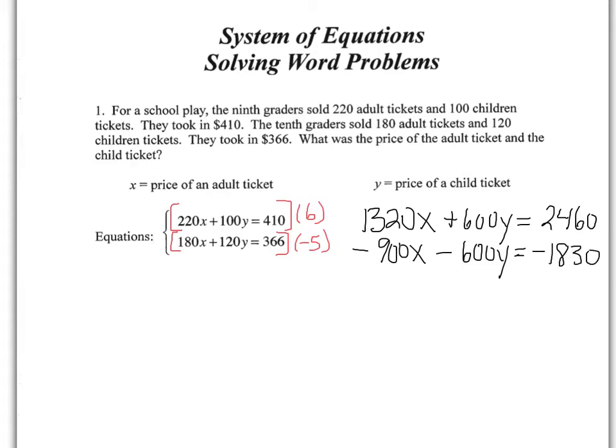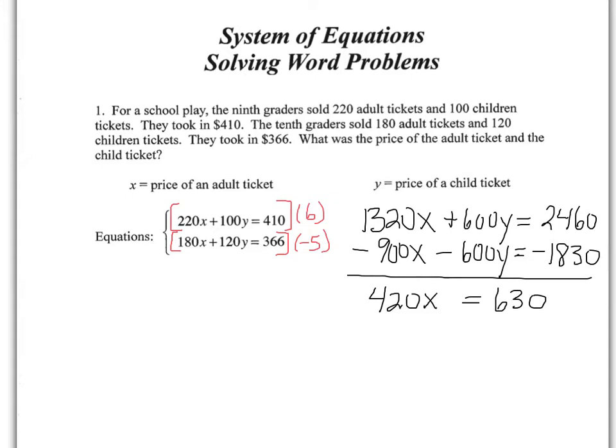Total calculator problem here. Let's add these two equations together. If I add a 1,320x and a negative 900x, that gives me a 420x. If I add together a 2,460 and a negative 1,830, that gives me 630.